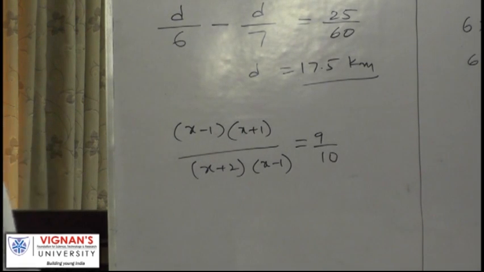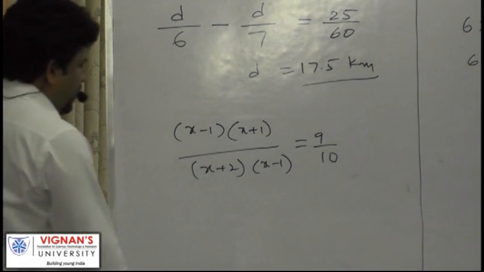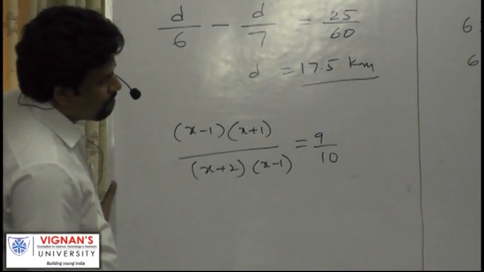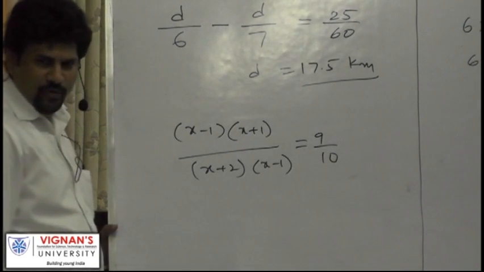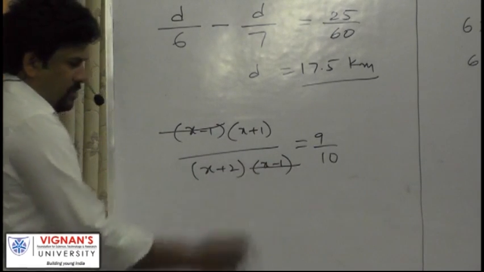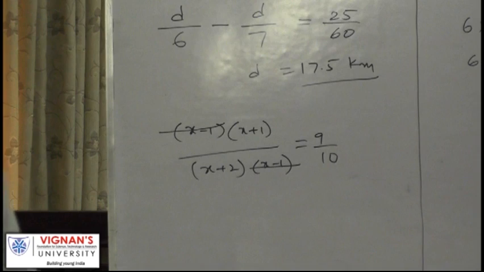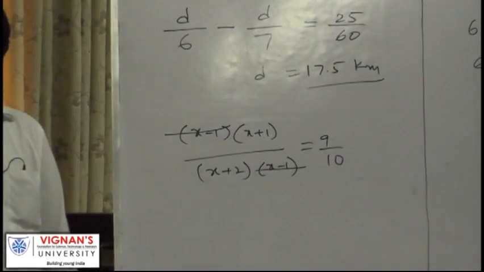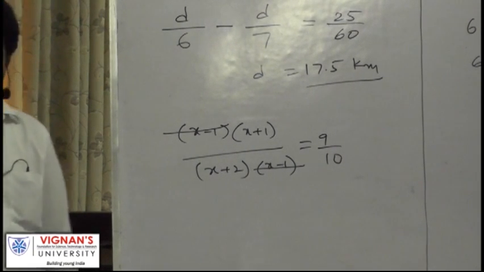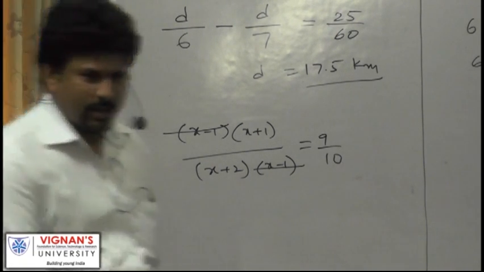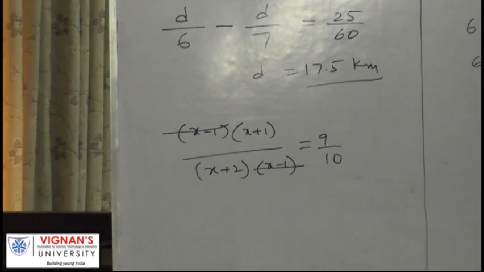That ratio is given as 9 by 10. Now we need to calculate what is x. What is he asking? We need to find the x value. Don't cross multiply, these two can be cancelled. x plus 1 by x plus 2. x plus 1 is 9, x plus 2 is 10. So what should be x? 8. From that it is clear, x is 8.